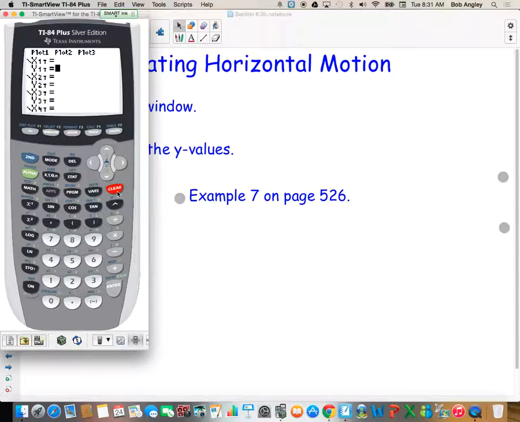It says, Gary walks along a horizontal line, think of it as a number line, with the coordinate of his position in meters given by the equation S equals negative 0.1 and then that other equation where 0 less than or equal to t less than or equal to 12. Now it says, use parametric equations and a grapher to simulate his motion and estimate the times when Gary changes direction.